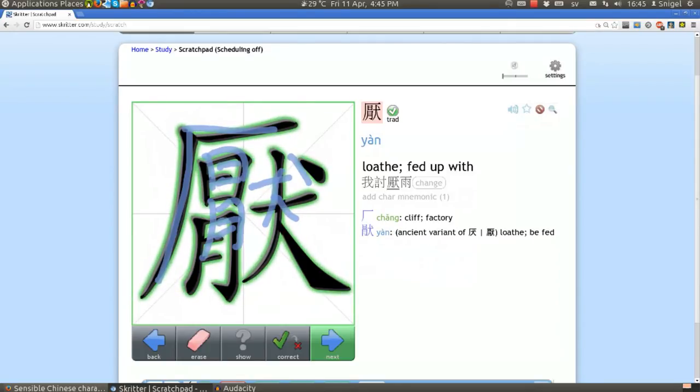Now, I practiced for this exam mostly just using spaced repetition, like Skritter. I didn't write much on paper, I didn't practice much writing in general. And it worked pretty well, actually. I passed the exam with a reasonable score, I think, and I did remember how to write most of the characters.